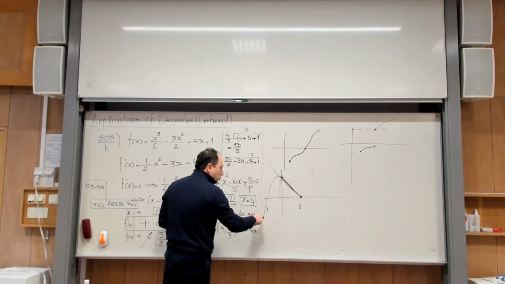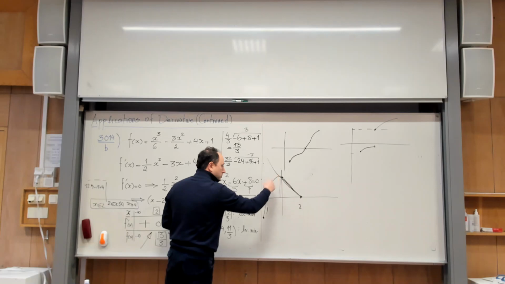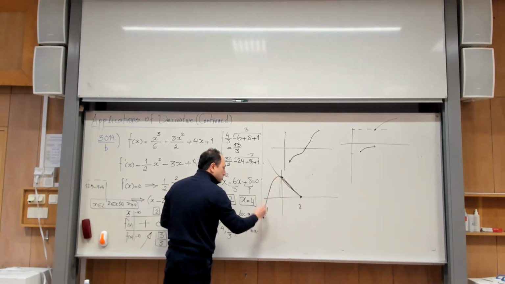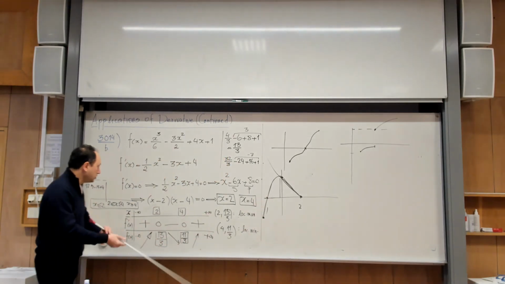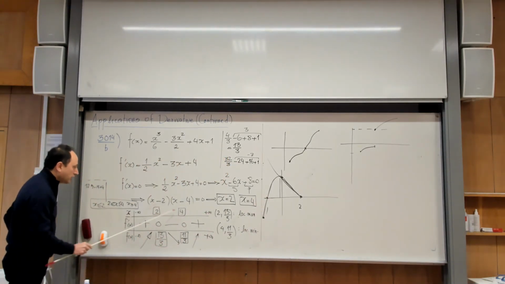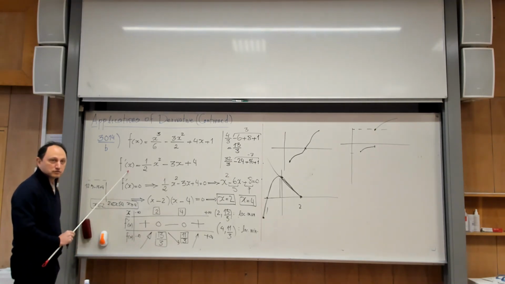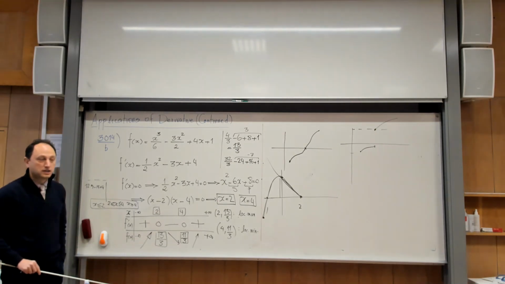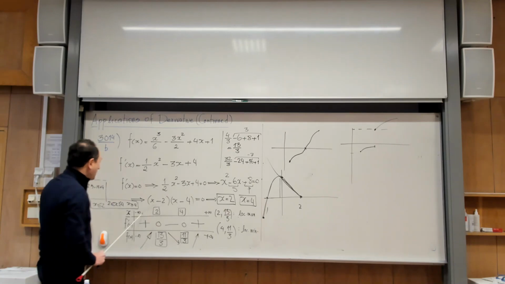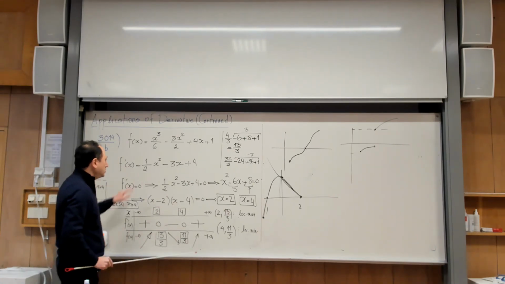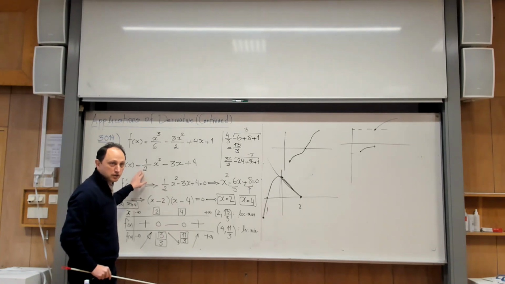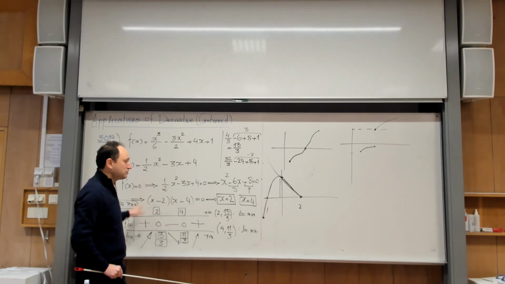If it is going to be negative at some point, because this function is continuous, it is inevitable that this function has to cut the x-axis at another point. But I know that these are the only cuts of this function. So this is not possible. So if someone asks you why this is true, you should tell them that it is because of the continuity of this function. If this function is not continuous, there is no guarantee for that.